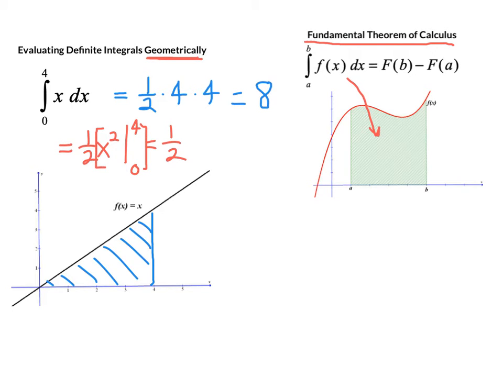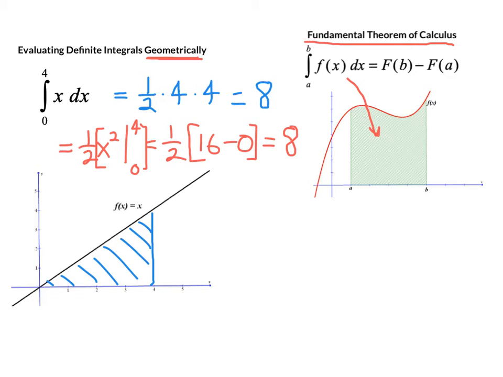It's going to be a common factor anyway. So we have 1/2 times 4 squared minus 0 squared, which obviously gives us the same value, and why wouldn't it? But it's just one nice example of a case where, if you recognize that as a right triangle, you can do that definite integral without calculating the antiderivative.